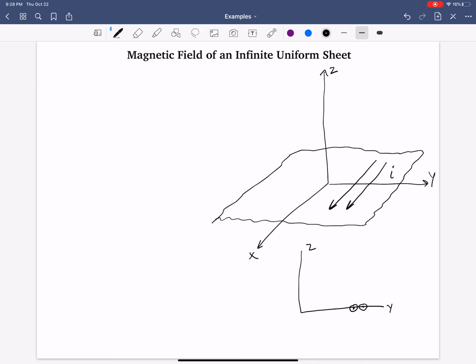there are charges now, or you can imagine an infinitely dense packet of wires. Because the current is coming in the x direction, towards us, I'm drawing a lot of wires with dots on them.